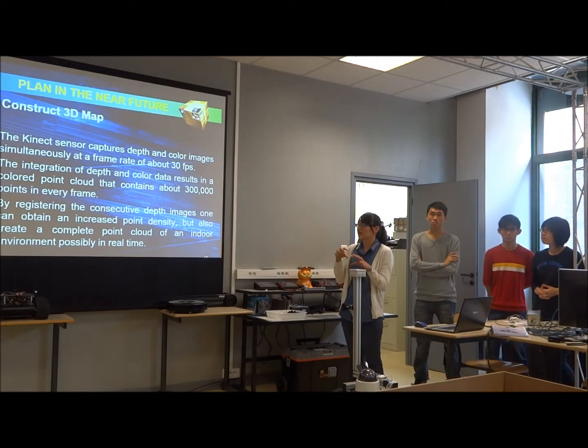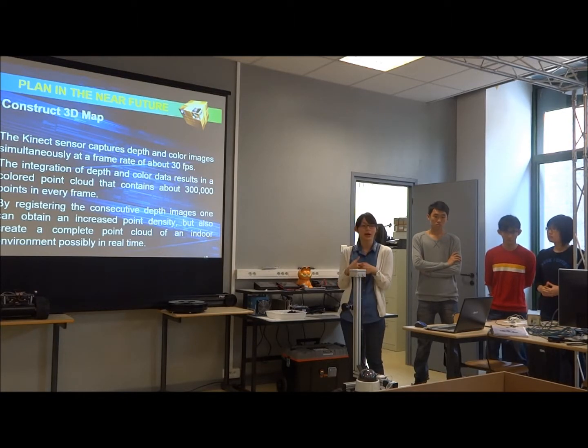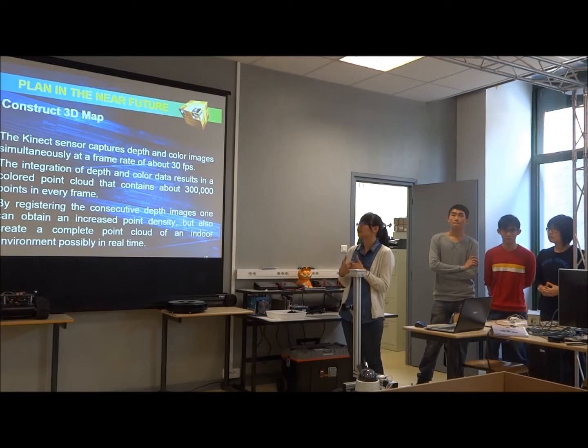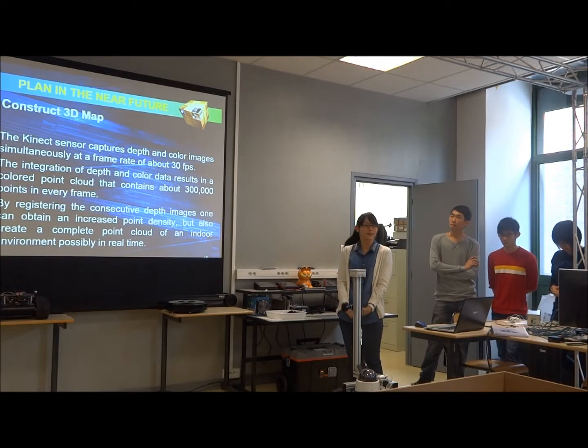And through the integration of depth and color data, it will result in a colored point cloud. This 3D point cloud can result in the 3D map, because we need the point cloud to form a map, which contains about 300,000 points in every frame.